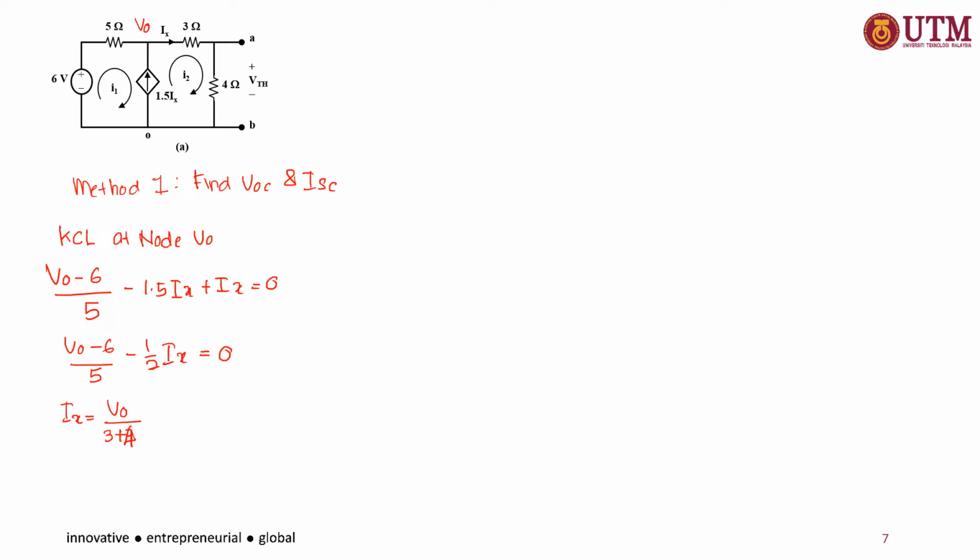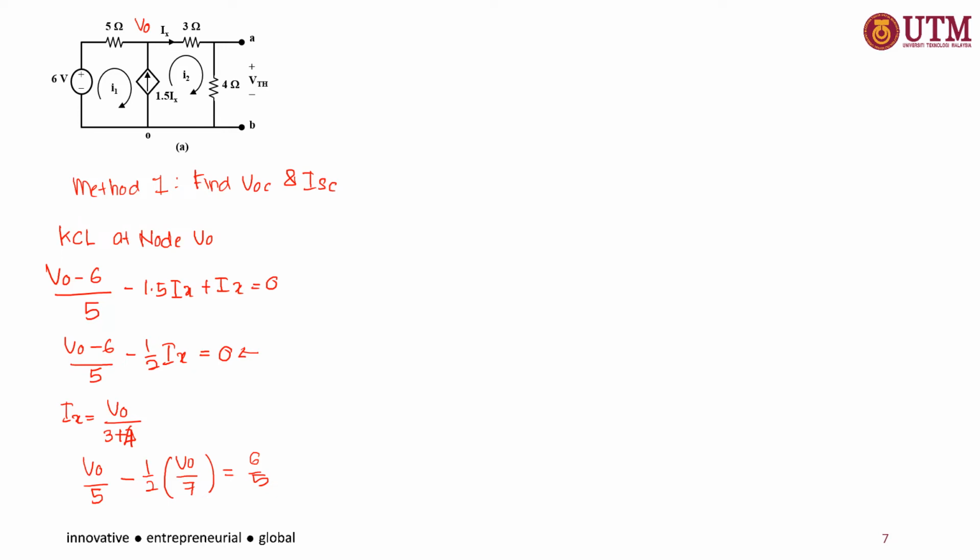You can substitute this Ix into this equation. You get V naught divided by 5 minus 1 over 2 V naught divided by 7 equal to 6 over 5.